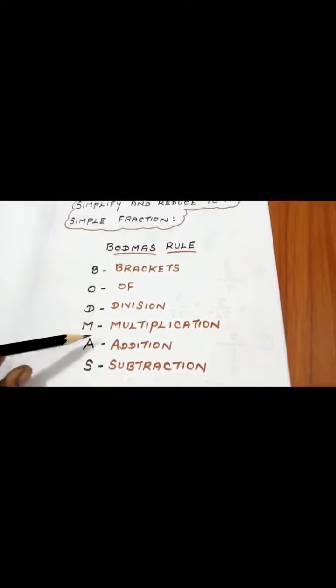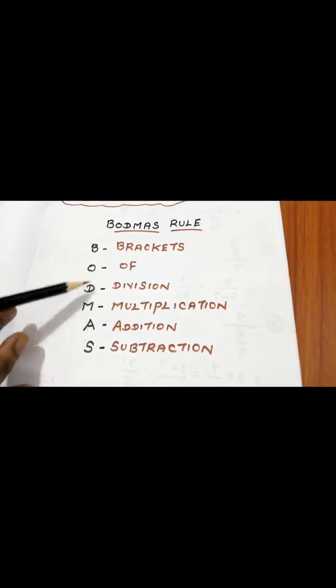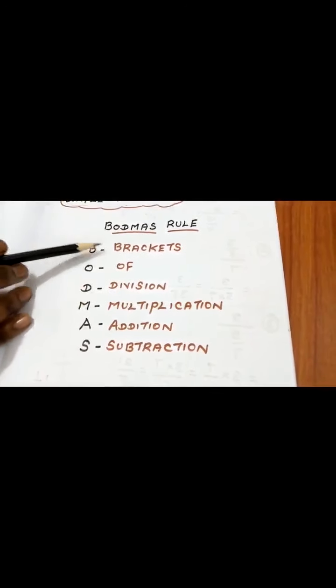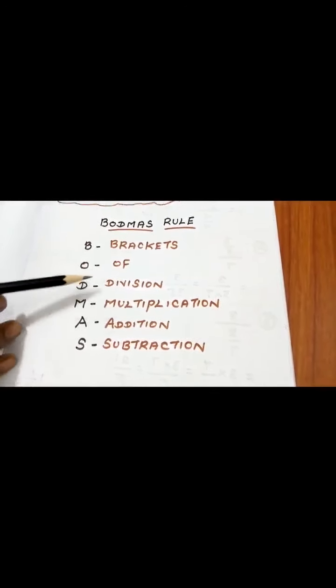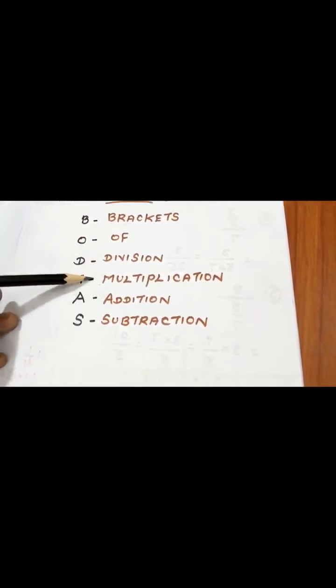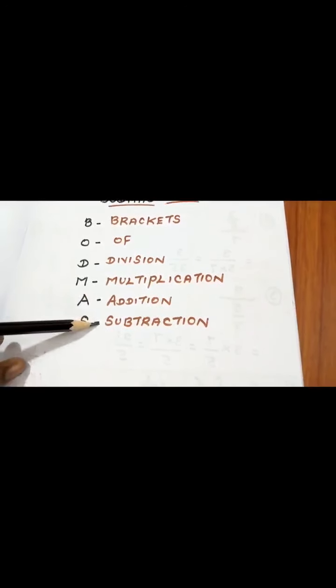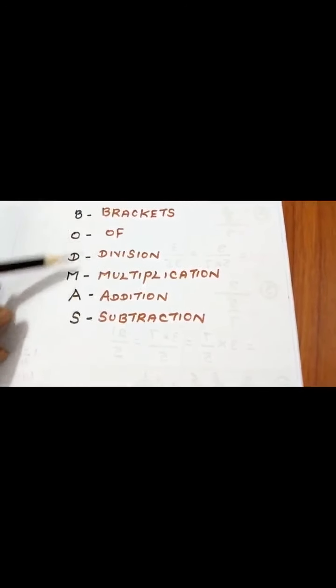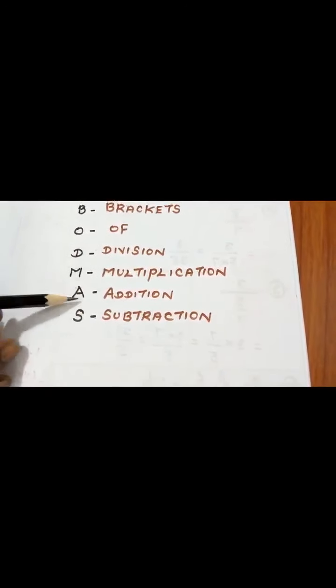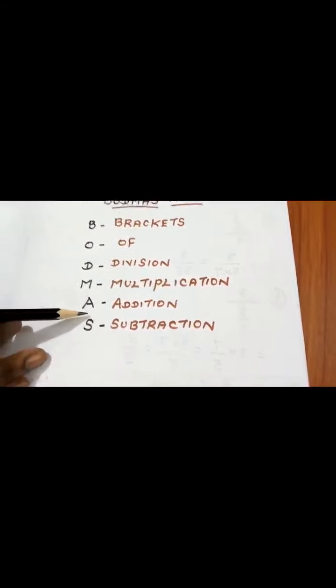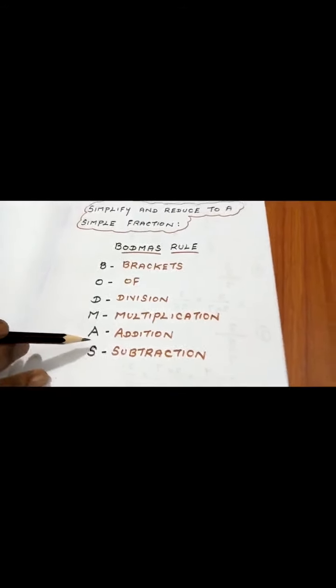You can have anything in your question according to this order. The first is brackets, second is of, third division, fourth multiplication, fifth addition and sixth subtraction. This is the order given in the BODMAS rule, but whatever you have, according to that we are going to take the sums.